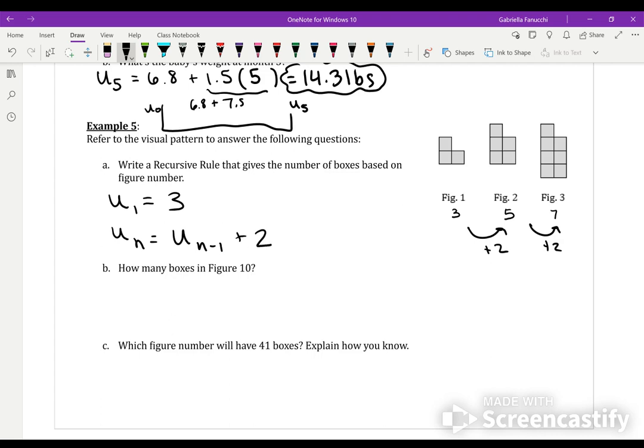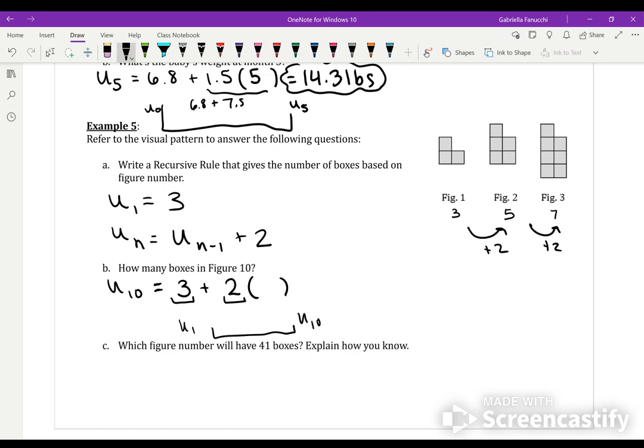If I want to know how many boxes are in figure 10, I'm going to look at U10. That is going to be equal to where we started, 3, plus our pattern. How many times do I need to add 2 to itself if I'm starting at U sub 1 and I want to get to U sub 10?